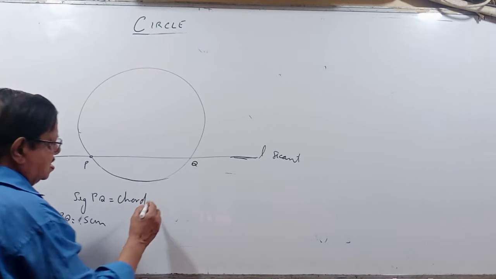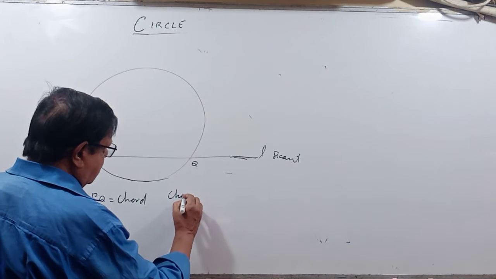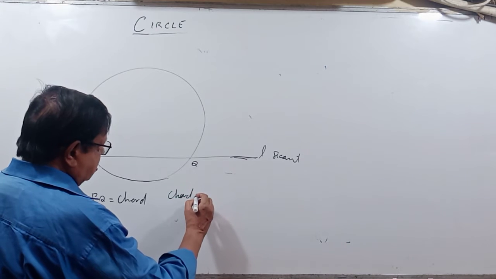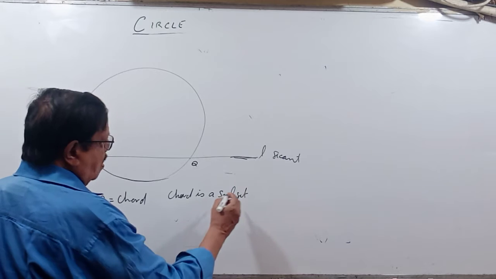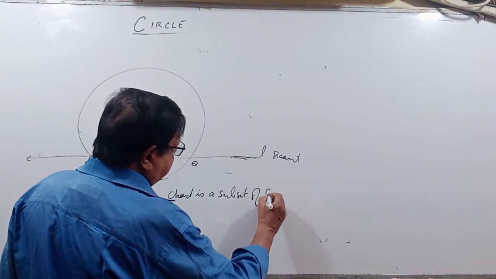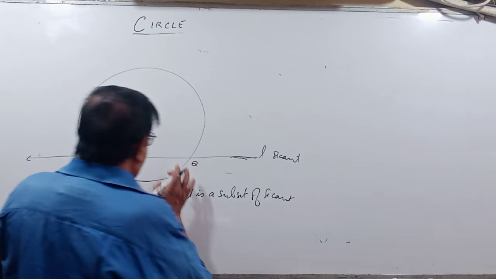We'll say chord is a subset of secant. It's a part of the secant.